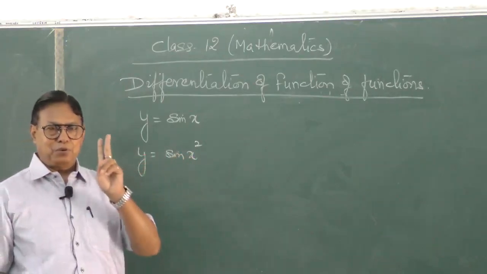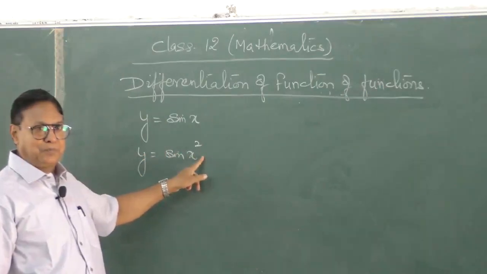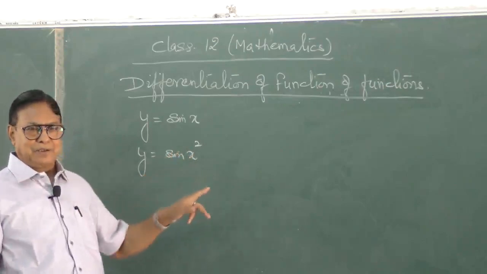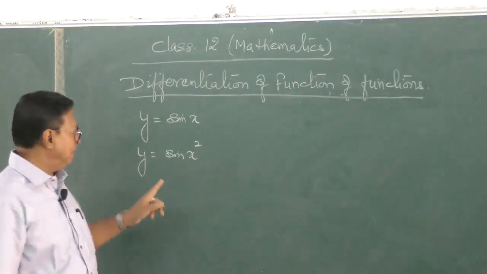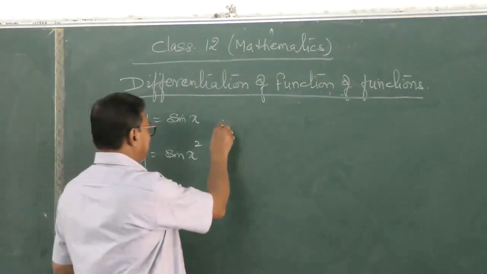So this includes two operations. First, squaring the number or the angle, whatever it is, and then sine of that. Since this involves two operations, this is a function of a function.